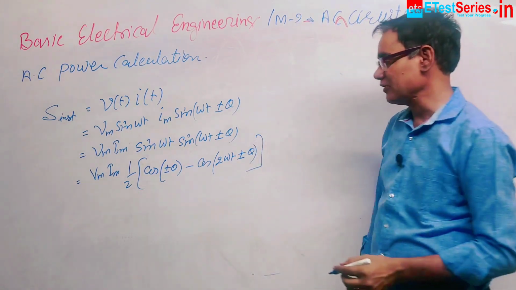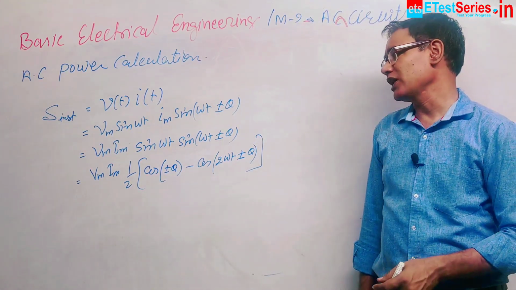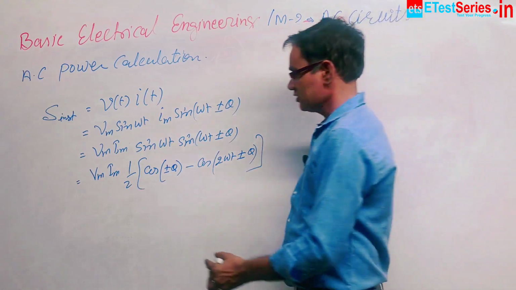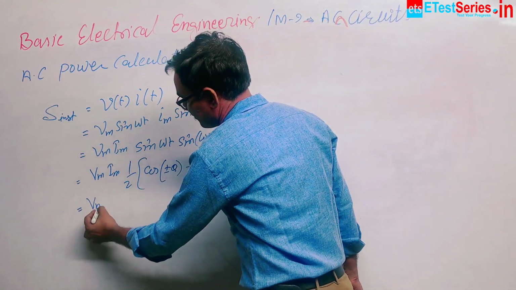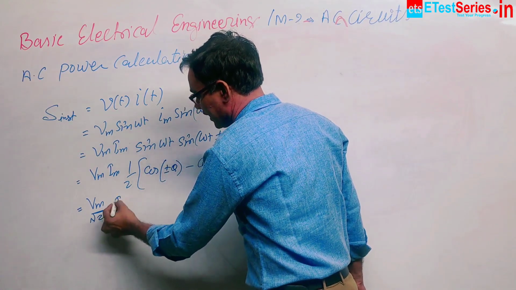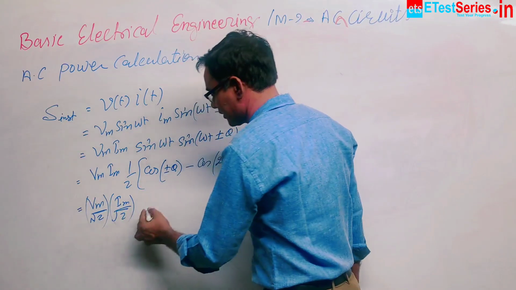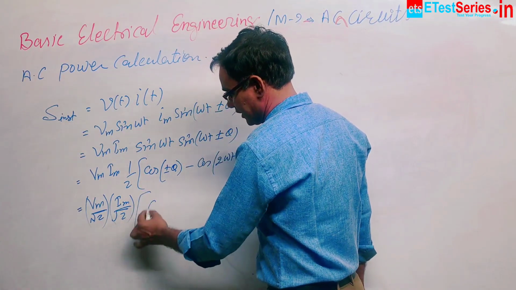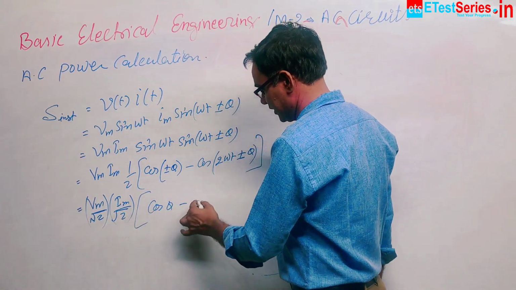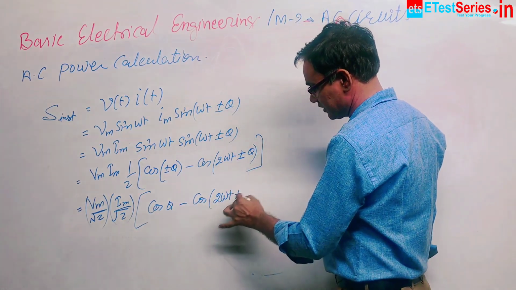So it is equal to Vm by root 2, this 2 is divided into 2 parts, root 2, and Im by root 2, that is the RMS value of the voltage, the RMS value of the current, and this is cos of theta minus cos of 2 omega t plus minus theta.